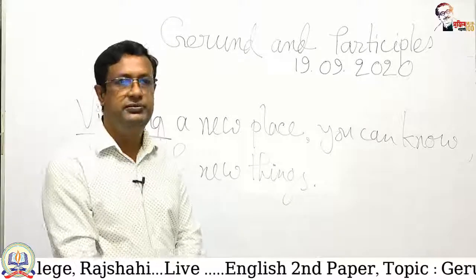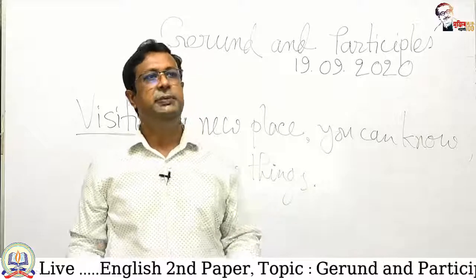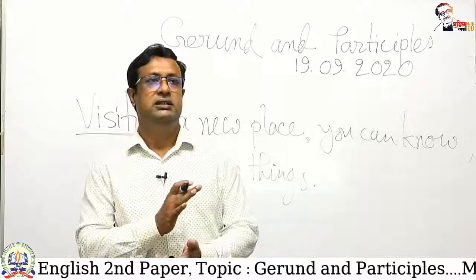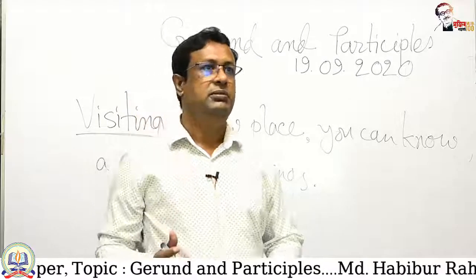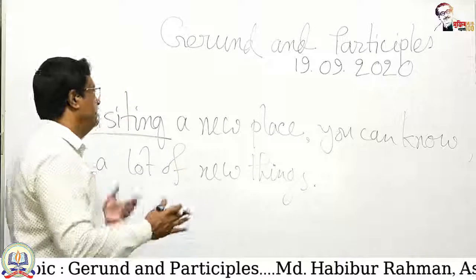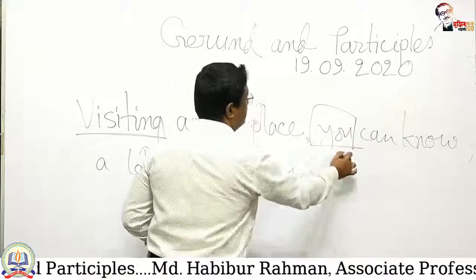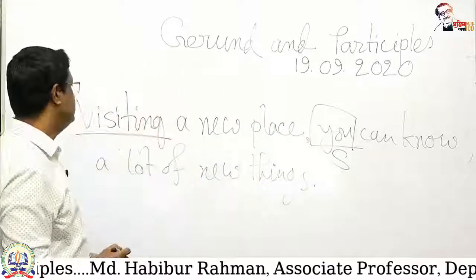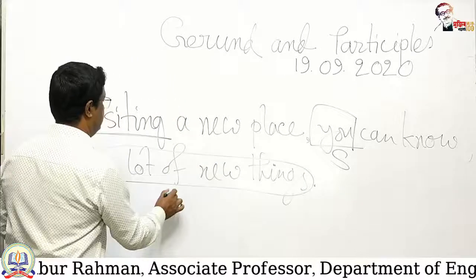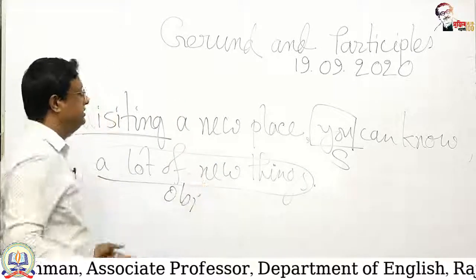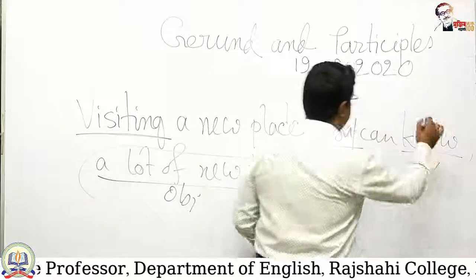Is it a modifier, or is it a verb, or is it a noun? If it is a noun, then it must be either a subject or an object or the object of a preposition. But we know here in this sentence the subject is you. What is the object? A lot of new things. That is the object. Subject, object, and know is the verb.